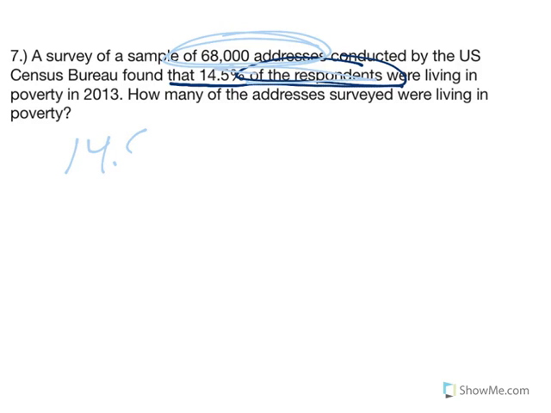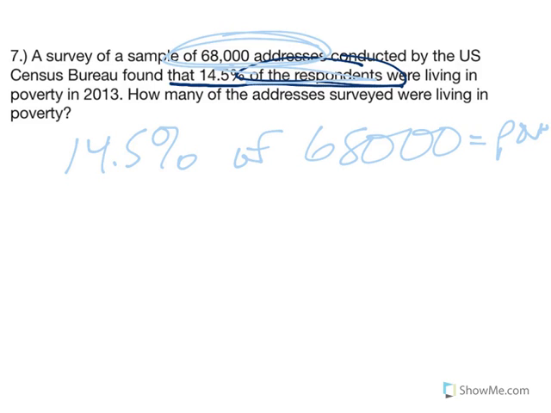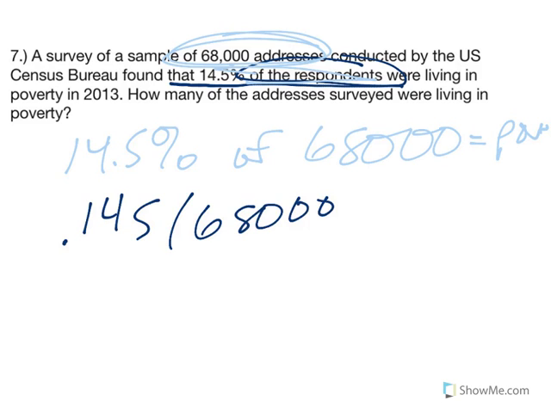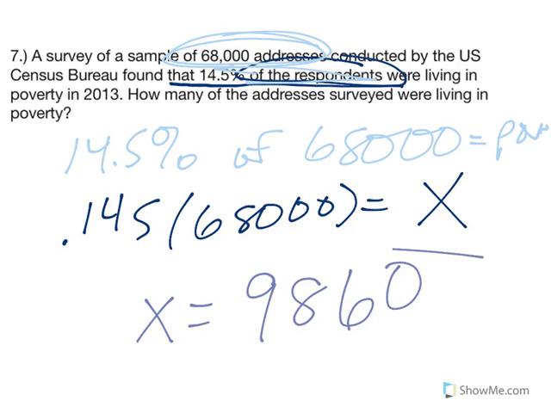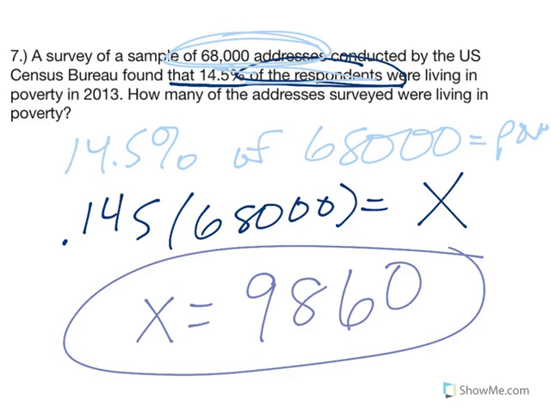So I know that 14.5% of 68,000 live in poverty. If I turn that into a math problem, 0.145 times 68,000, that'll give me my poverty answer. And in this case, when you multiply, we know that 9,860 people live in poverty. And that is some work with equations.